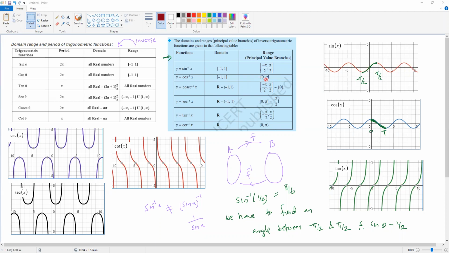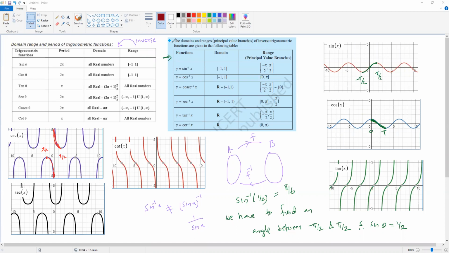Similarly for cosecant, look at the graph of cosecant. The principal value branch is minus pi by 2 to pi by 2. This is the graph, this red portion. This is minus pi by 2, this is pi by 2.